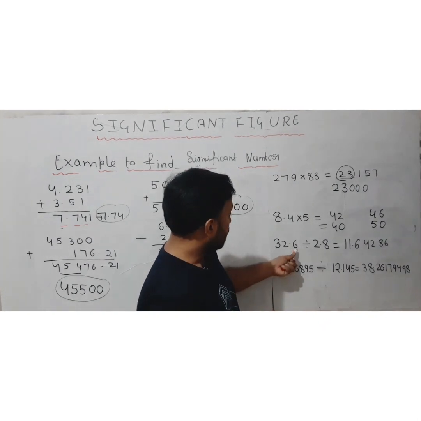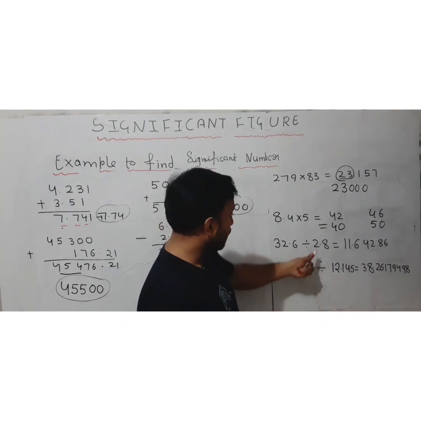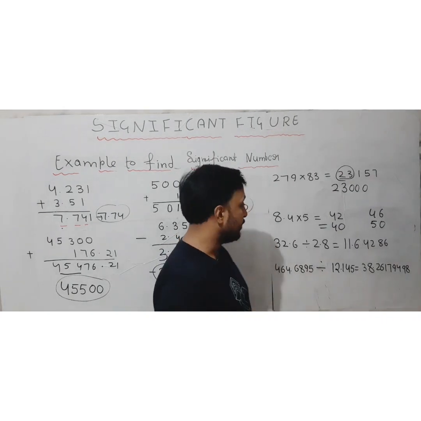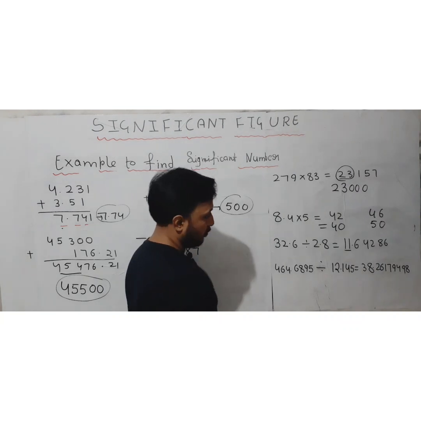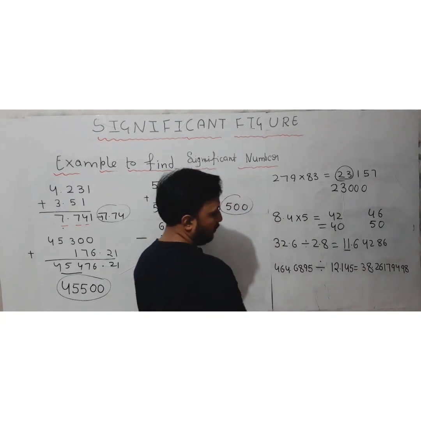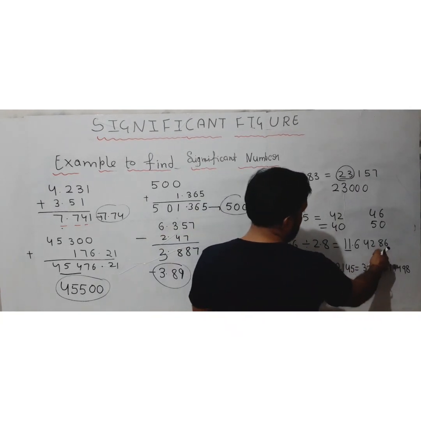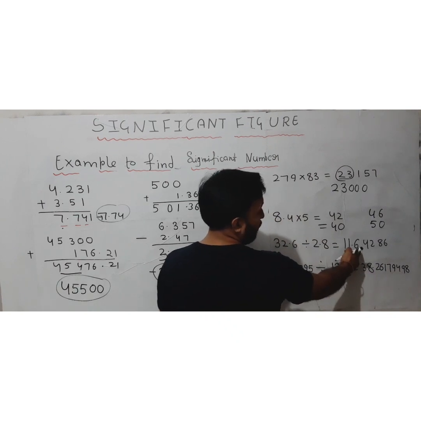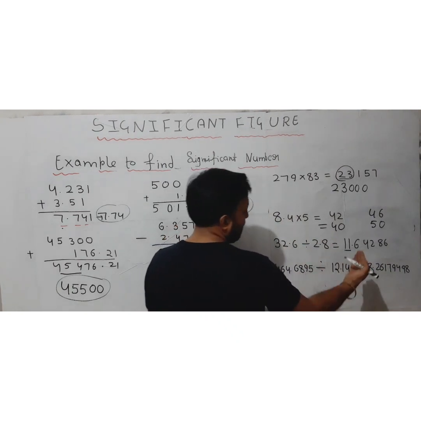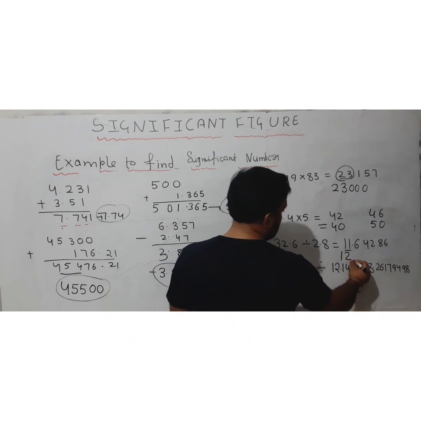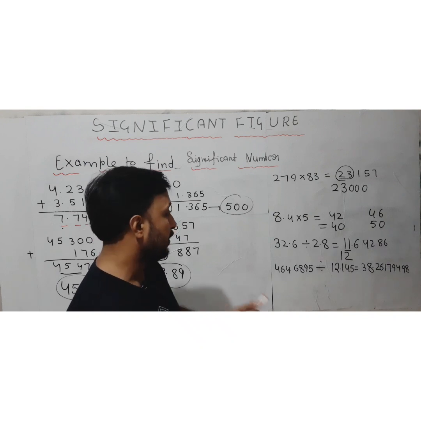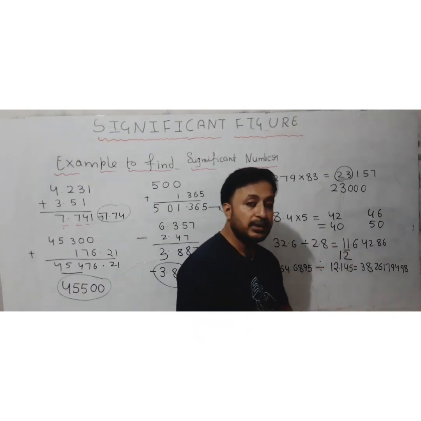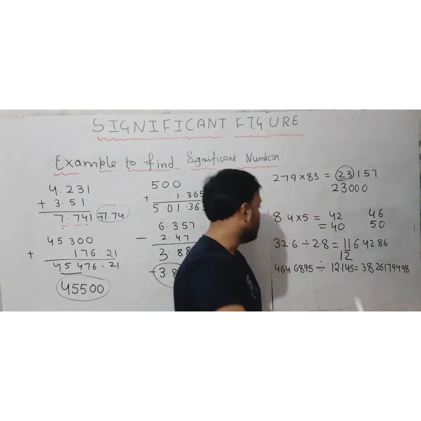Because 32.6 will be having 3, our answer should have only two significant values. So we have to round off the value till 11, and then the rest up to zeros. The last value which is going to be removed is greater than 5, so our answer is coming 12. So our answer is going to be 12 after rounding the value, because it should be in significant figures having only two values.